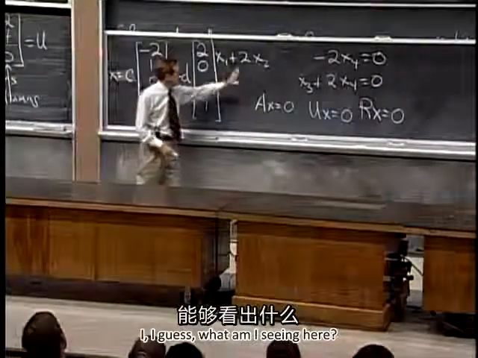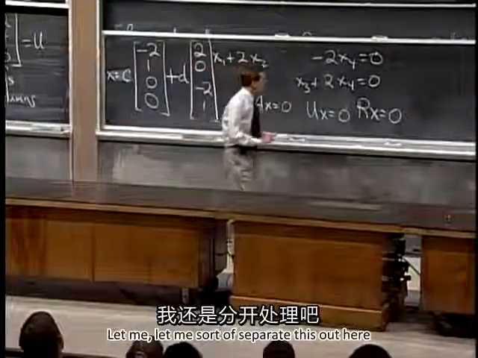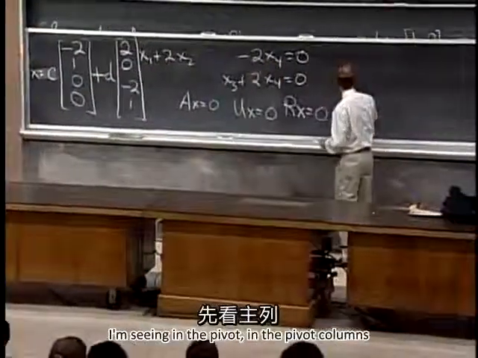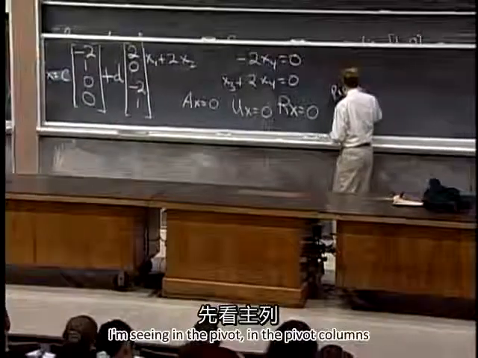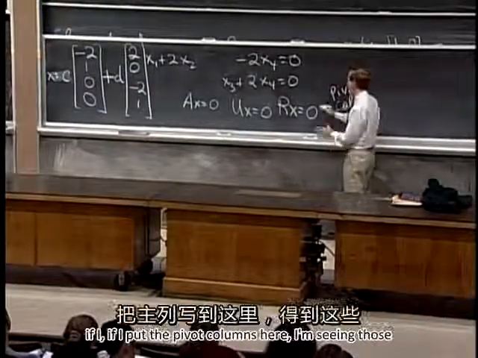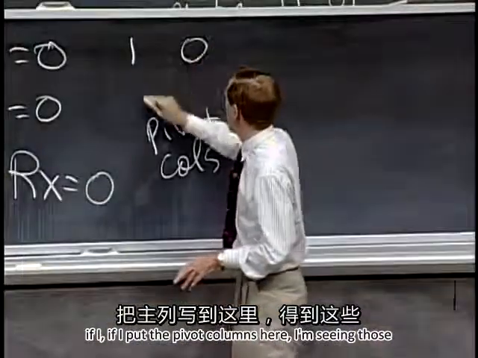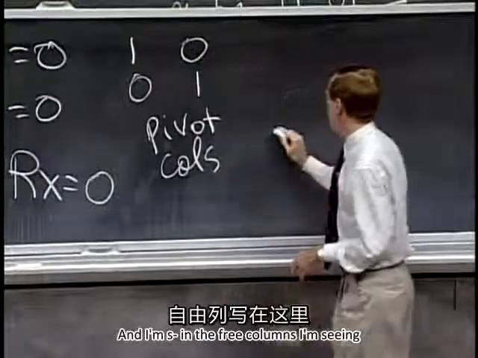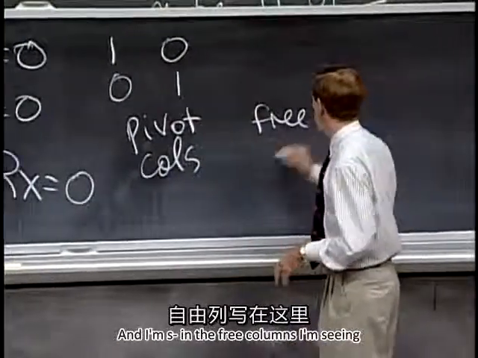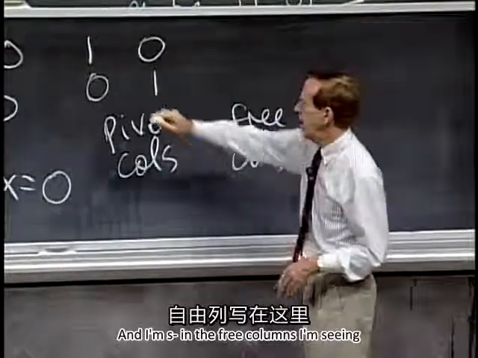I guess what am I seeing here? Let me sort of separate this out here. I'm seeing in the pivot columns, if I put the pivot columns here, I'm seeing those. And in the free columns, what am I seeing?